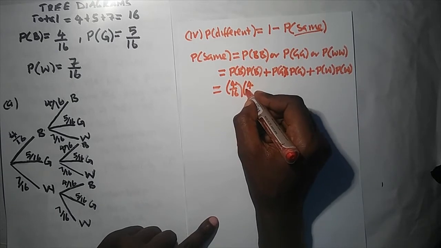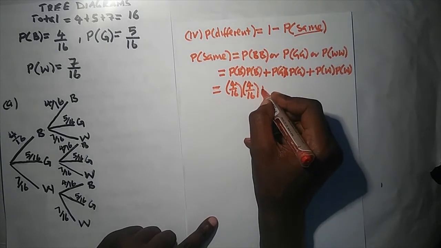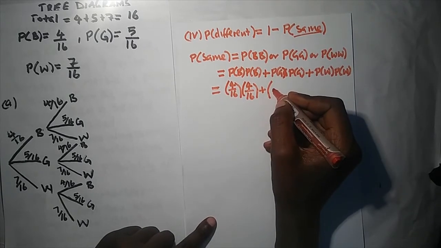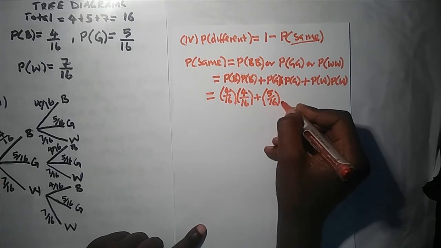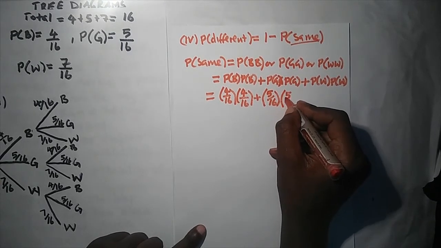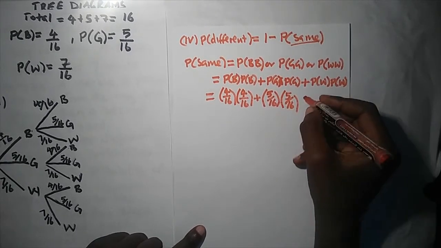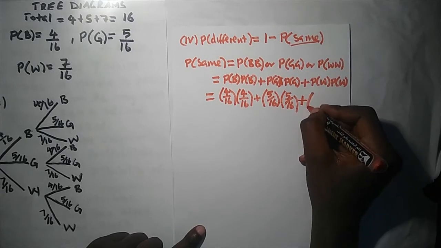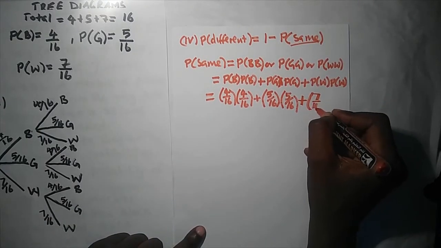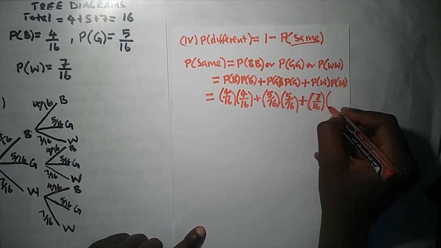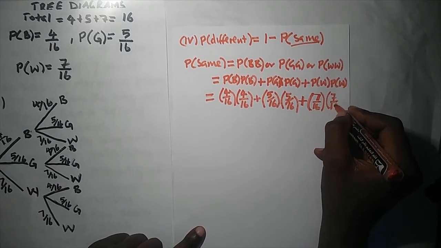So you are also going to have 4 over 16 here, plus the probability for green is 5 over 16, so 5 over 16 times 5 over 16, plus the probability for white is 7 over 16, so 7 over 16 times 7 over 16.